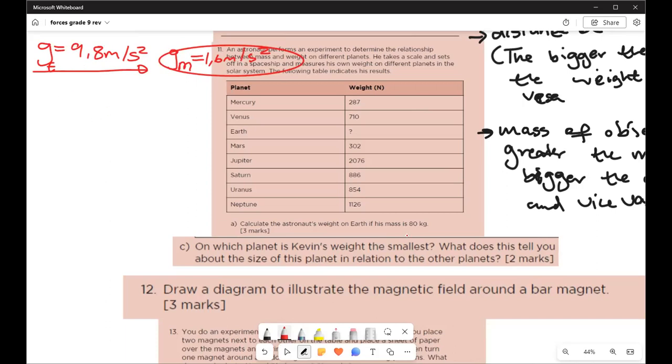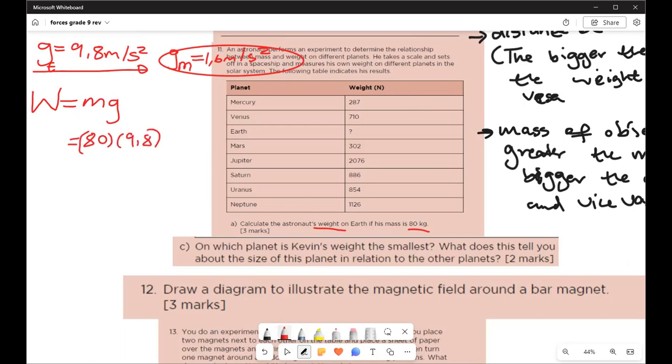So they want us to calculate what? The weight. Remember, we have a formula that I gave. We said W equals mg. Then we have our mass, which they gave as 80 kg. Our gravitational acceleration is 9.8.